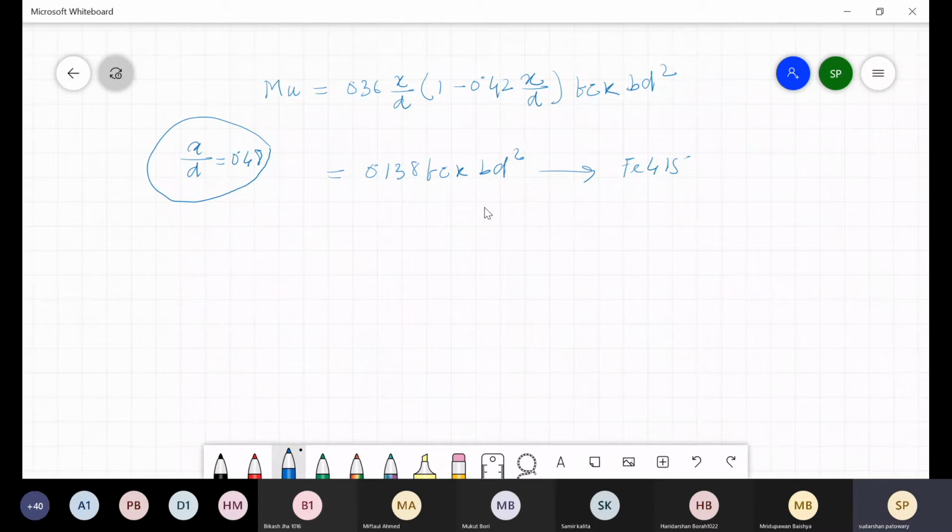Yes, sir. From here, 0.138 fck, where fck is equal to 20, b is equal to 250, d is equal to 400.